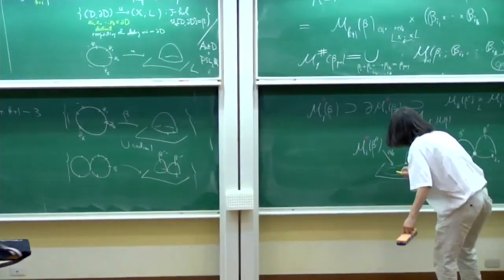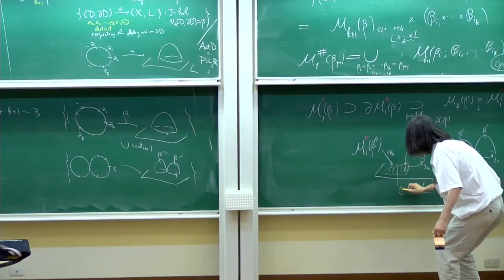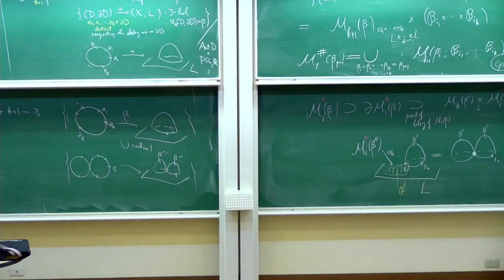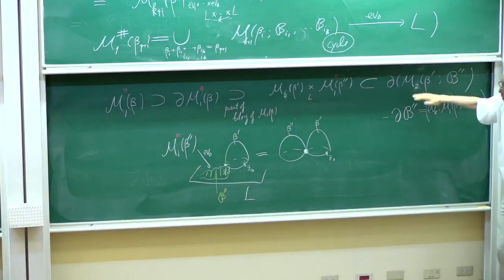So let's suppose that you have something like this. And then you can consider this moduli space, and then take its boundary.